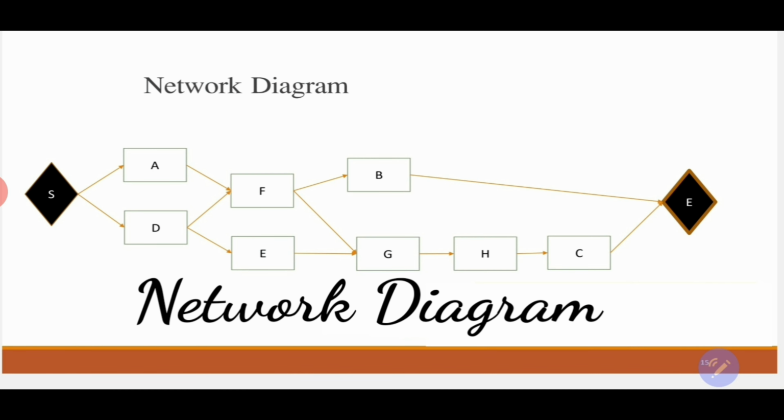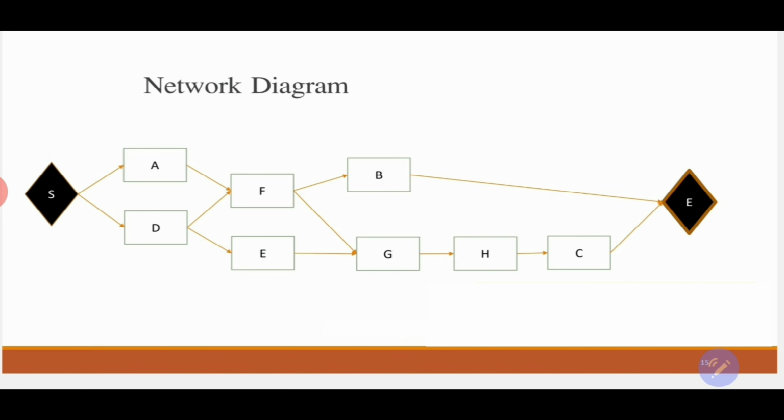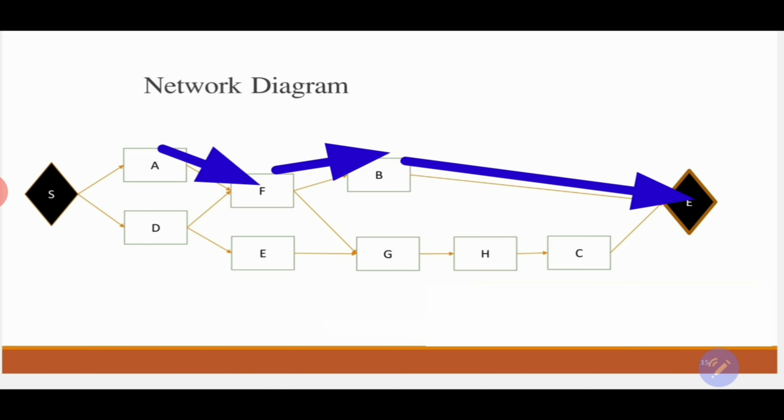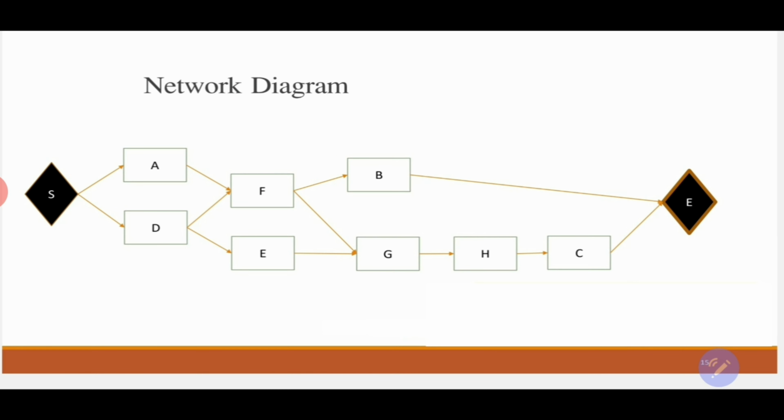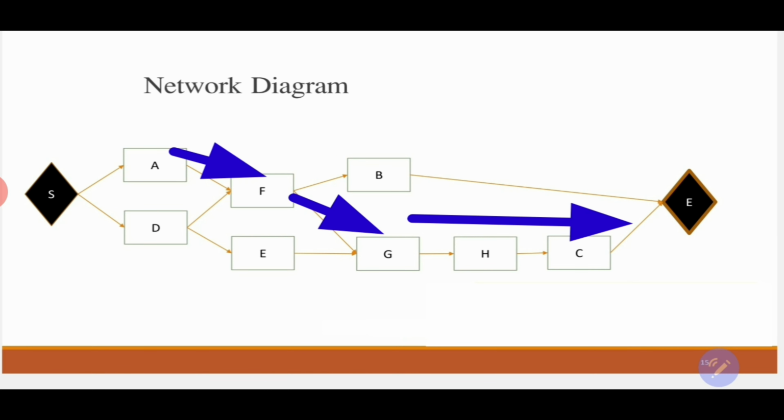And also, if you look into this network diagram, you will discover that we have different paths from start till end. The first path is from A, F, and B till the end. That's considered one path. And from activity A, F, G, H, C, end is another path.